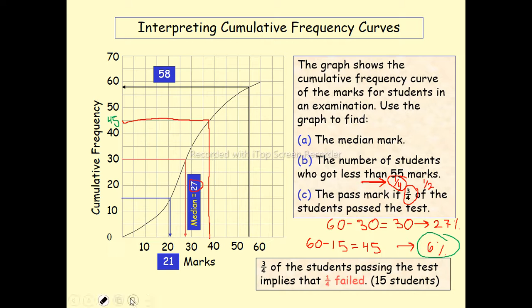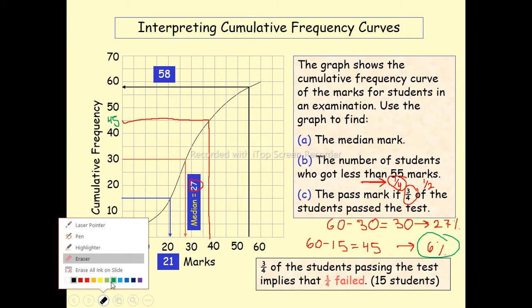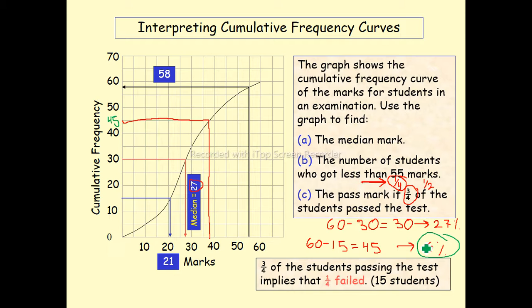Wow, but you understand. 36. Yeah, so 45 students got less than 36 marks. So I am the teacher, I distribute the papers, and 45 people got less than 36. That's 3/4 of the class. That's 75% of the class.